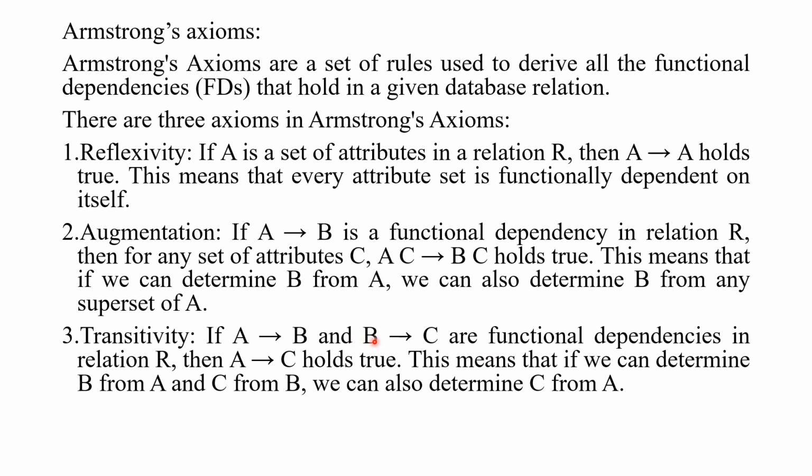For example, if student ID determines course code and course code determines course name, then student ID determines course name. That is, if A determines B and B determines C, it holds true that A determines C. So directly it represents that student ID determines course name.